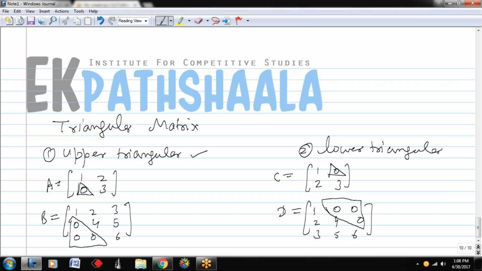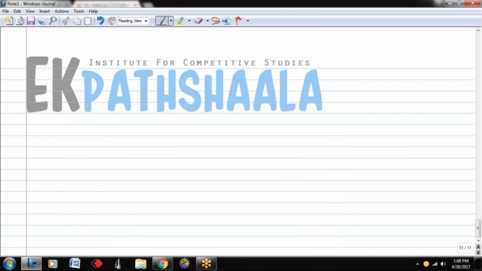Next, comparable matrix. Now, what is a comparable matrix? Two matrices are called comparable if they are having the same order.